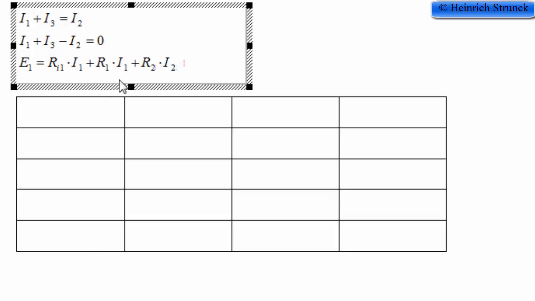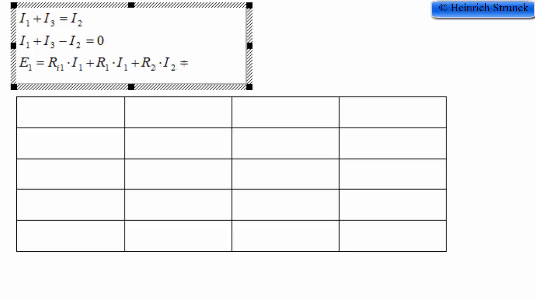So we can see here that actually I1 is multiplied with RI1 and R1 in both places, so we can make this equation a little bit simpler.